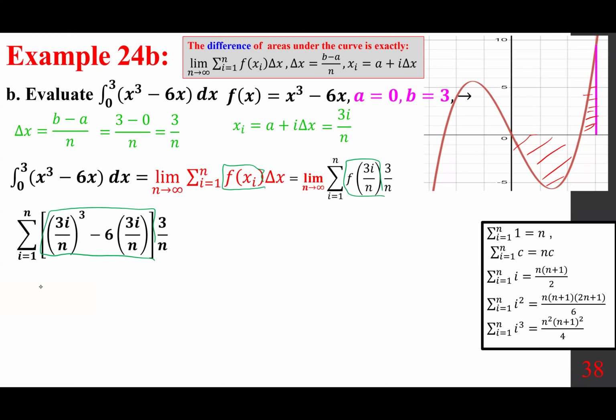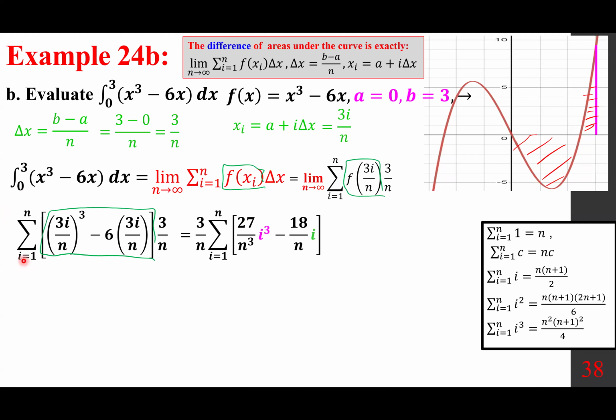So let's work on this. This becomes 27i cubed over n cubed. This becomes minus 18 over n times i. The entire thing times 3 over n. Now, we can put 3 over n outside if we want, because the summation pertains to i, okay?